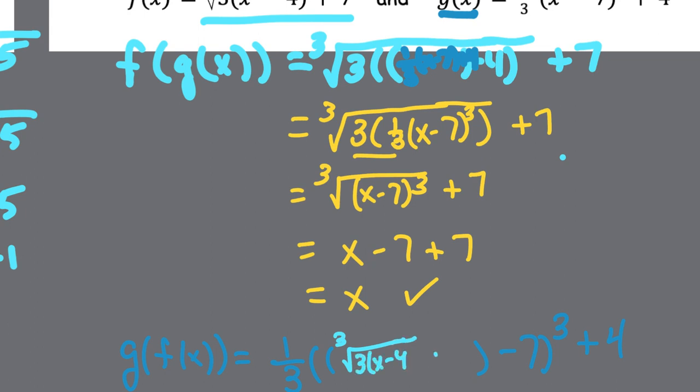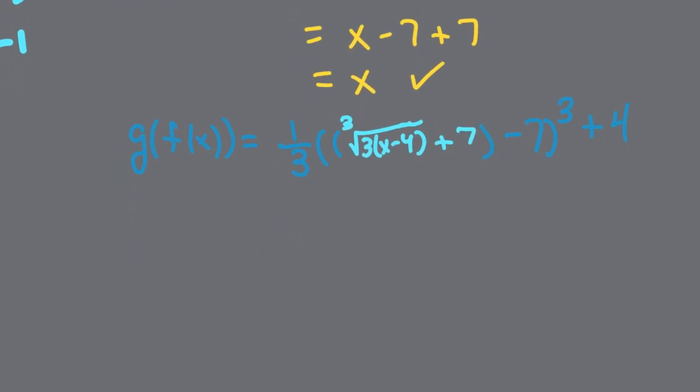Make sure when you write this that the stuff is underneath the radical. Okay, so looking at this one, what do you think is going to be the first thing we're going to do? Our 7s will cancel, which will leave me with 1/3 parentheses cube root 3 x minus 4.